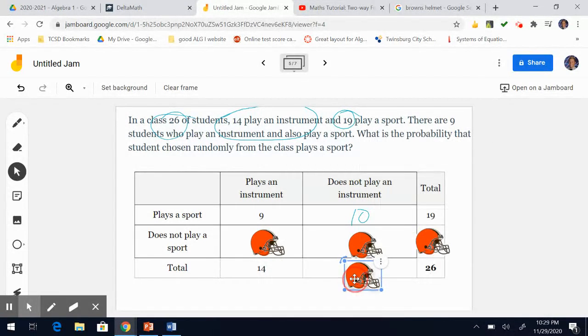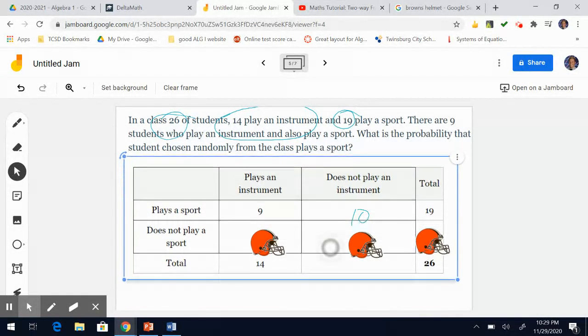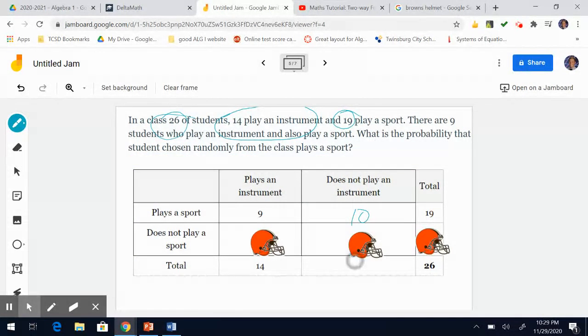Delete that one. 14 plus what number gets you 26? So this is going to be 12. And now we can remove this box because we don't have anything in that line right now, but we know that information. Let's just go across.